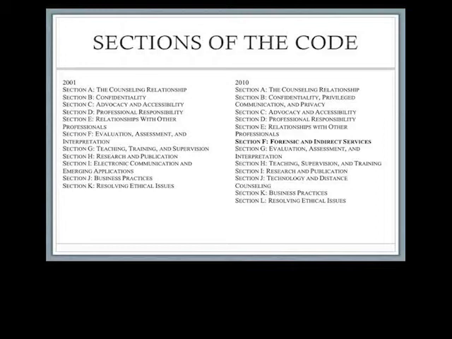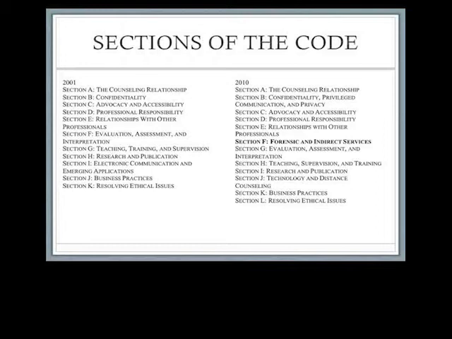One significant difference is that Section F in the new code addresses forensic and indirect services, but otherwise you can see the sections are basically the same. There's one more with the addition of that new section in the 2010 code, but basically the topics look about the same.